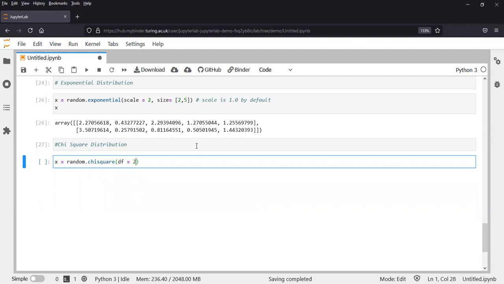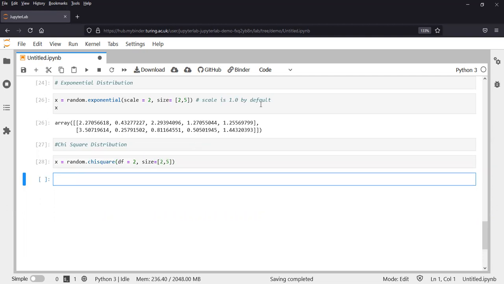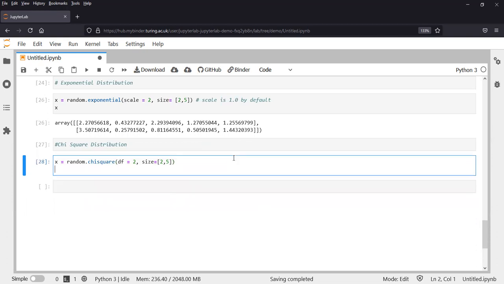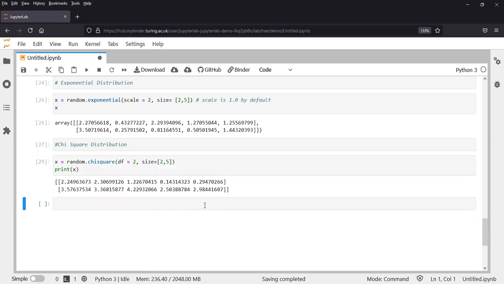For example, df is 2, and the size is 2 by 5. Then code and print it. So that is the structure of the chi-square.